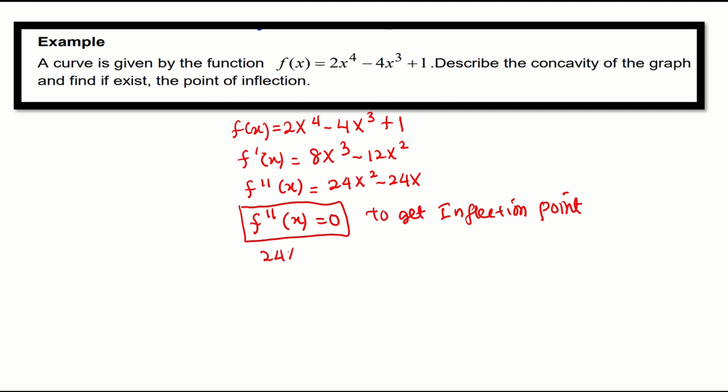Therefore, 24x squared minus 24x equals 0. Factorizing 24x, inside the bracket is x minus 1, equals 0. And we get x equals 0 and x equals 1.